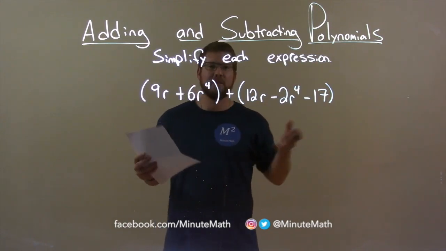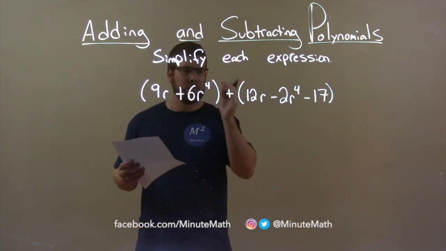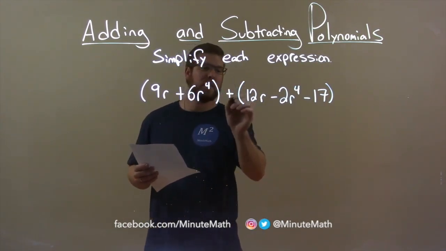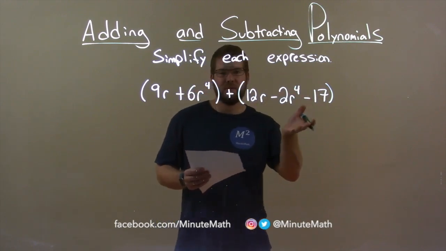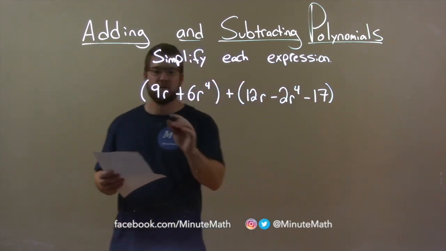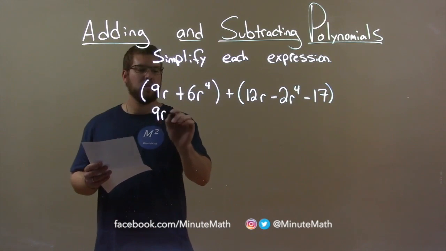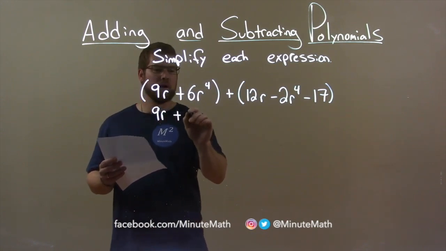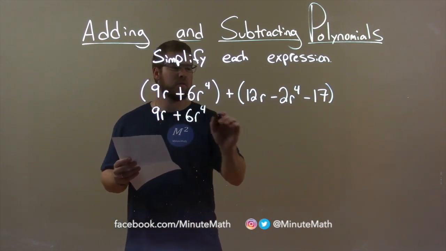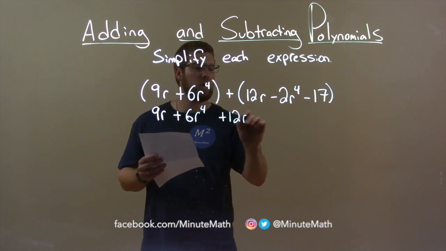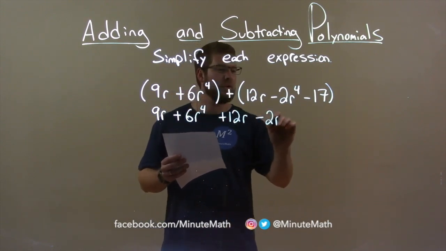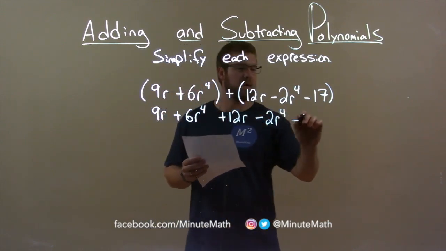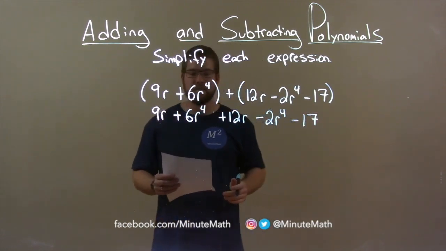No, so there's nothing to combine and simplify. Since we just have a plus sign, if I distributed that plus sign to this parenthesis, it doesn't really change anything. So now I can rewrite everything without the parentheses. 9r plus 6r to the fourth plus a 12r minus a 2r to the fourth minus 17.